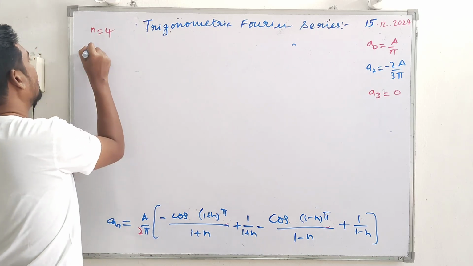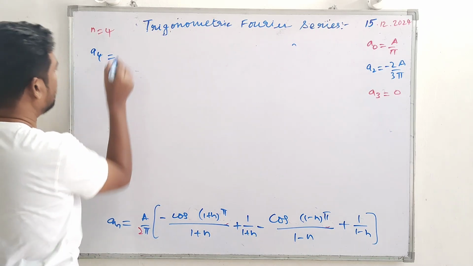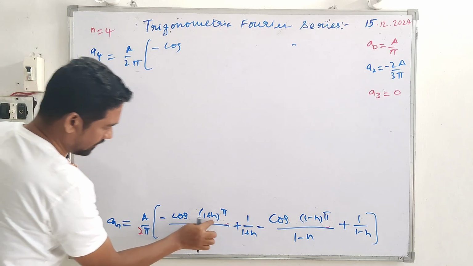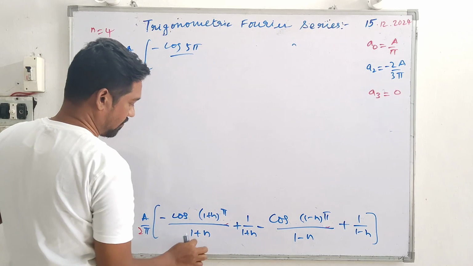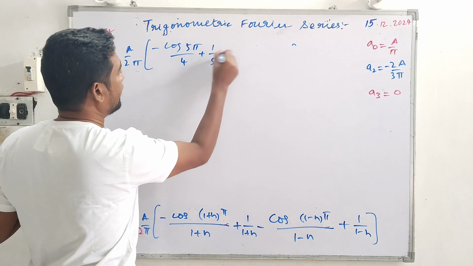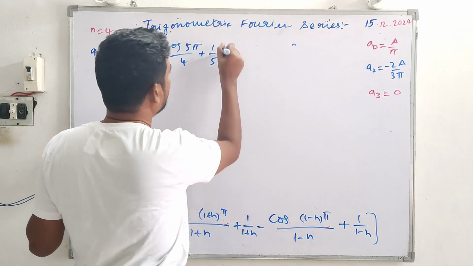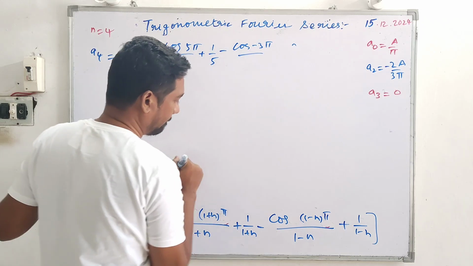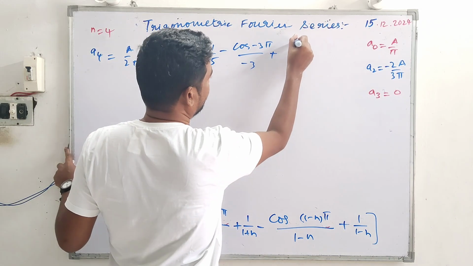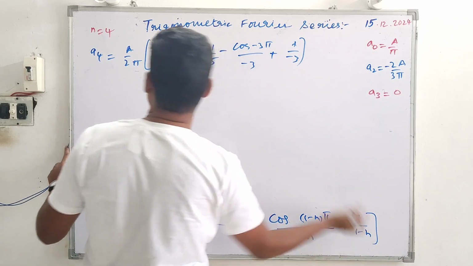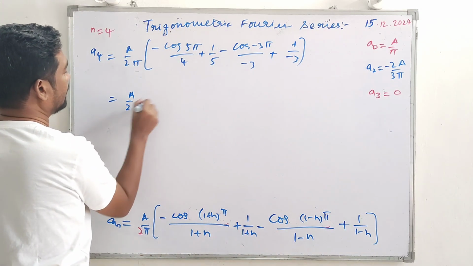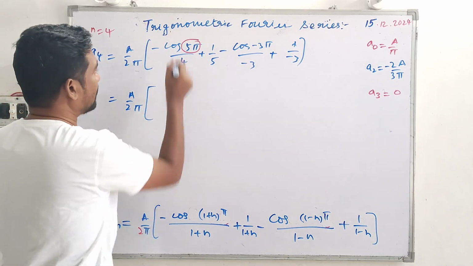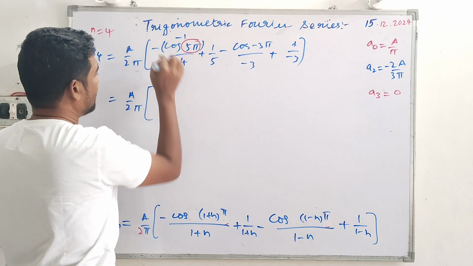N equal to 4 gives us A4, which is equal to a by 2 pi and minus cos 4, right? 1 plus 4, 5 pi by 1 plus 4, 5 plus 1 by 5, and this will be minus of 1 minus 4, cos minus 3 pi by minus 3 plus 1 by minus 3. 1 minus 4, it will be minus 3. A by 2 pi, guys, this is odd pi, which gives minus 1 over here. This will be minus 1. This minus, that will be plus.